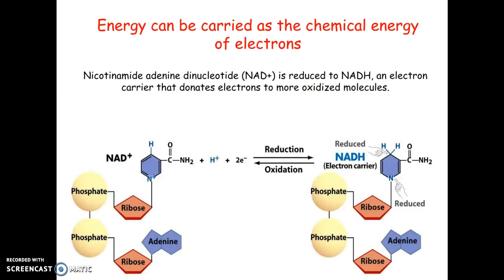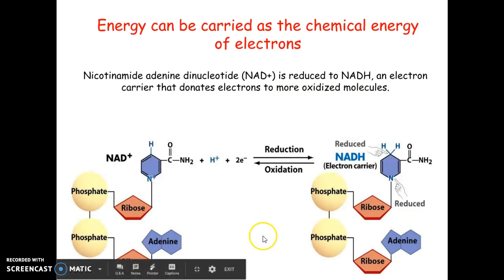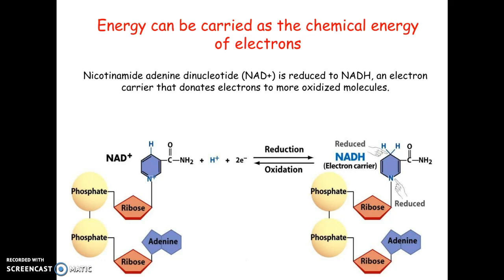So now that we've talked a little bit about NAD, let's talk about why we can carry these high energy electrons in NAD.